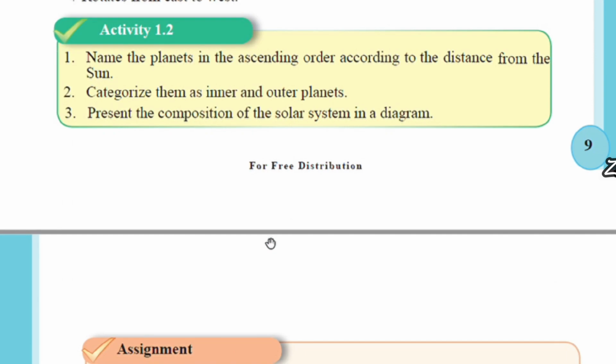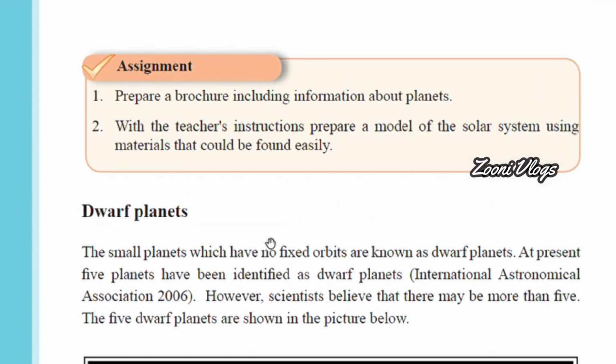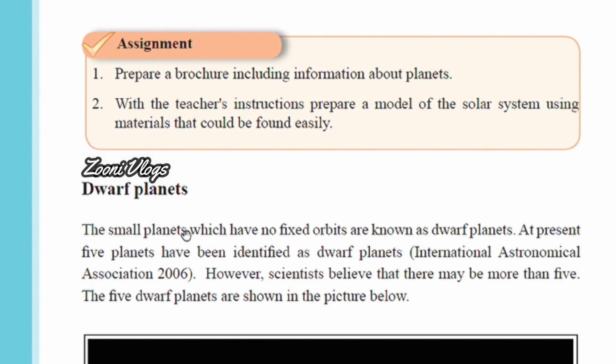The next one we have to study is dwarf planets. The small planets which don't have fixed orbits are known as dwarf planets.